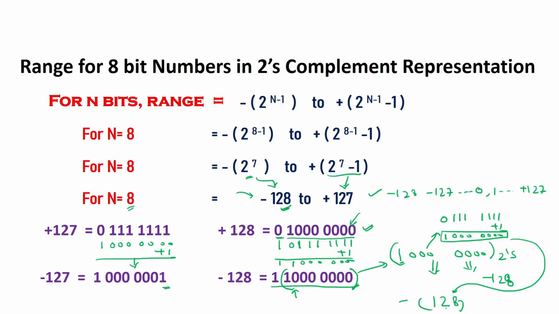So I got minus 128. This means using 8 bits, minus 128 can be safely represented. But it does not mean that plus 128 can be represented in 8 bits. Plus 128 will be this one, and you cannot represent this using 8 bits, as you can see here.